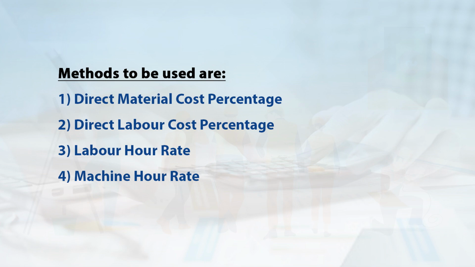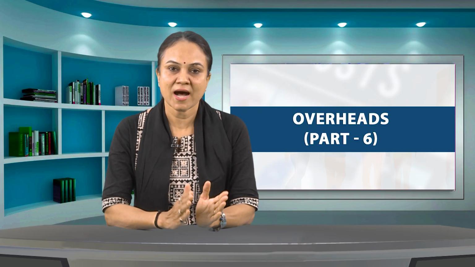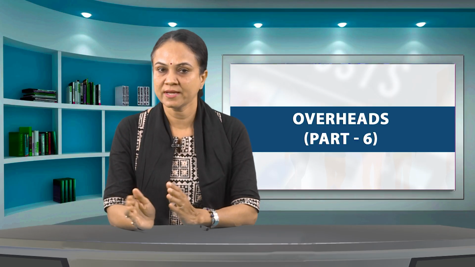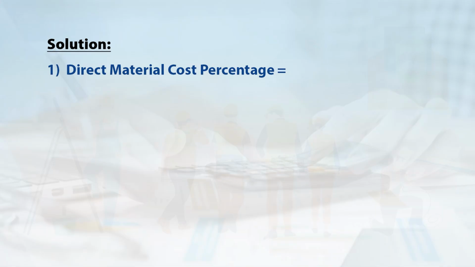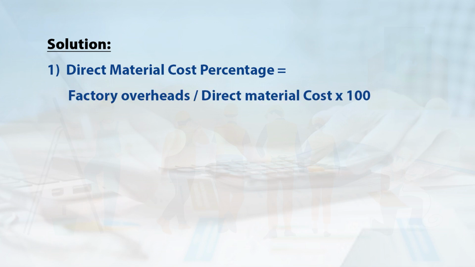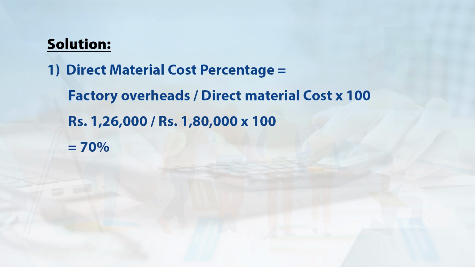Let's prepare the solution. First of all, the recovery rates will be calculated. First we will calculate direct material cost percentage, and its formula is factory overhead divided by direct material cost into 100. Factory overheads given is rupees 1,26,000 divided by direct material cost rupees 1,80,000 into 100, which will give us 70%.